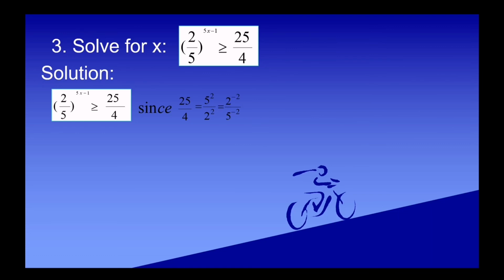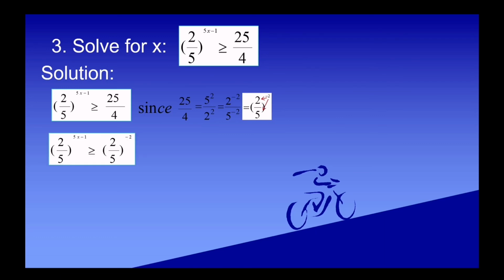So 5 squared, so magiging negative 2 but in the denominator. Same with 2 squared, magiging numerator pero magiging negative 2. Yan, 2 fifth na siya. Then raised to negative 2. Okay, that is called the negative exponent. So this time our base is 2 over 5. So yan, 25 over 4 can be written in the form 2 over 5.